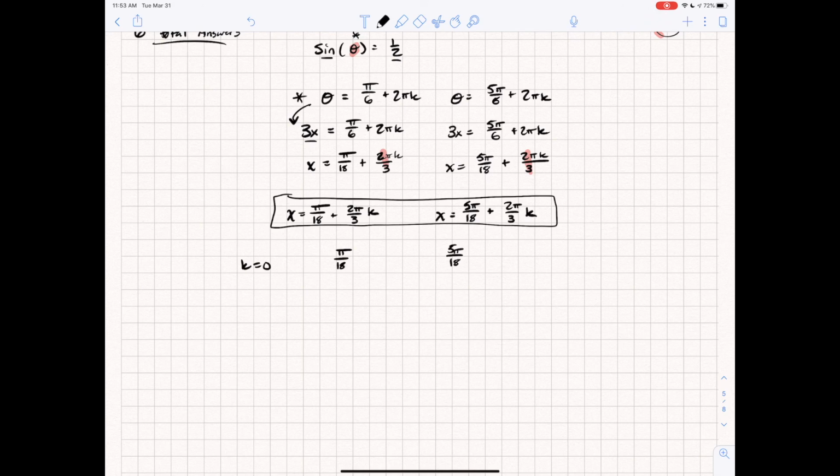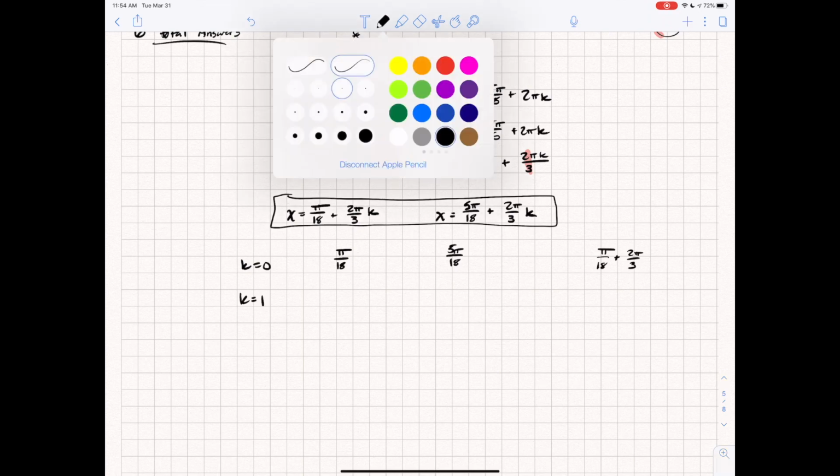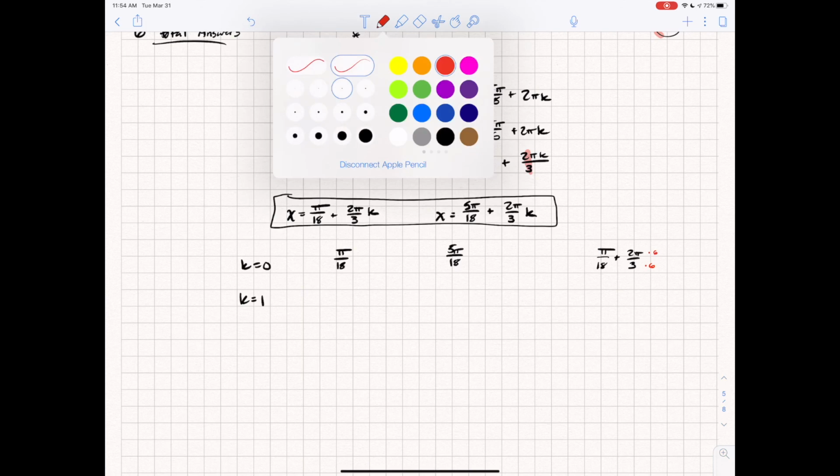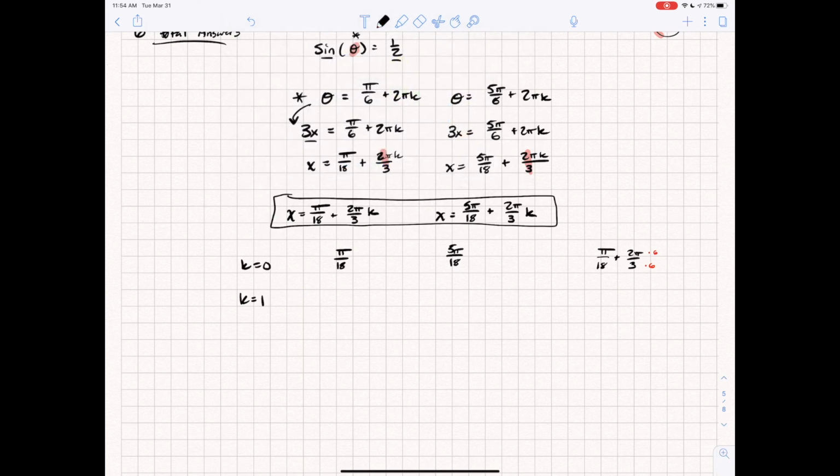To find the next pair, I need k to be equal to 1, which tells me I want to do pi over 18 plus 2 pi over 3. Well, I need a common denominator, so I'm going to multiply top and bottom by 6. So when I add 2 pi over 3, I am really adding 12 pi over 18, which is that fraction that we saw from the graph. This is how we can find it algebraically.